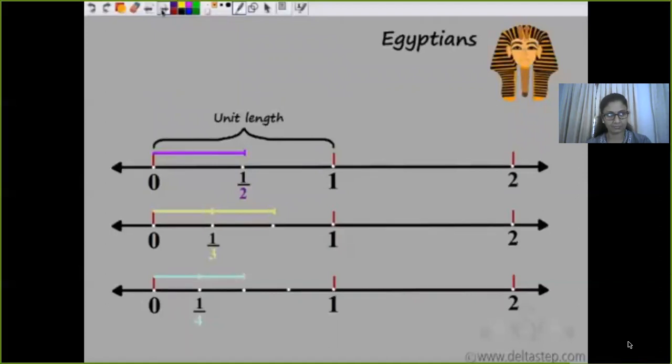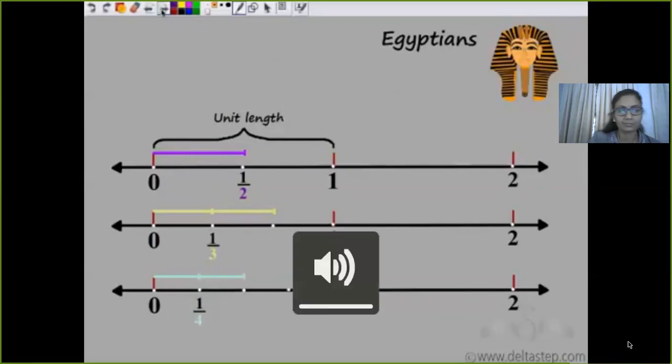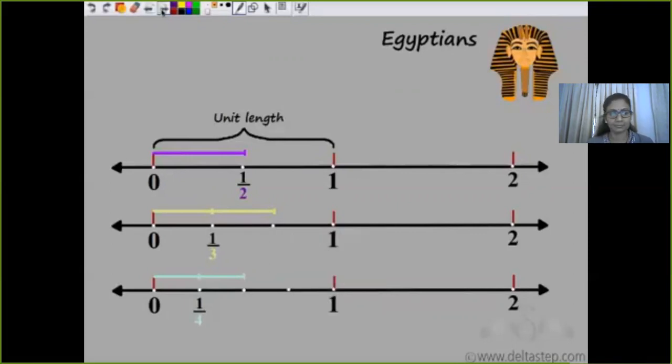So we know that 1 by 3 is the length of one part when this unit is divided into 1, 2, 3 equal parts. Now if I add 1 by 3 to this, I see that this number is greater than half but is less than 1. So this is what I wanted, a number which was more than half and less than 1.